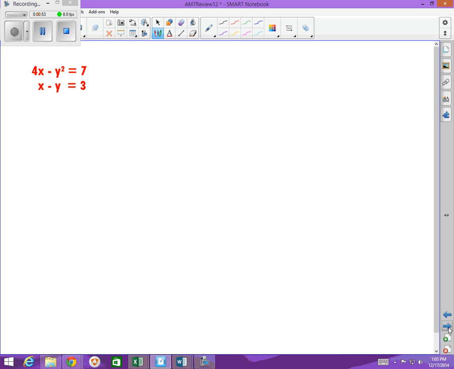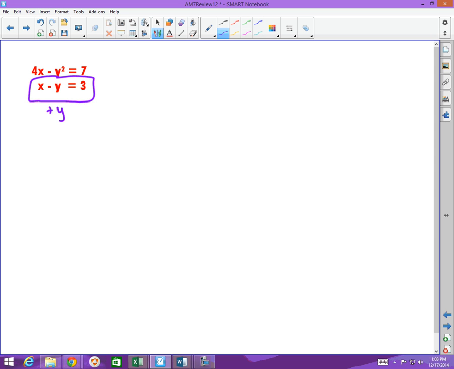In this first one, if you were going to solve by substitution, you have to either get x or y by itself, and it doesn't really matter, but we're going to take the second equation here and solve for x by adding y to both sides, and then you will get x equals y plus 3.